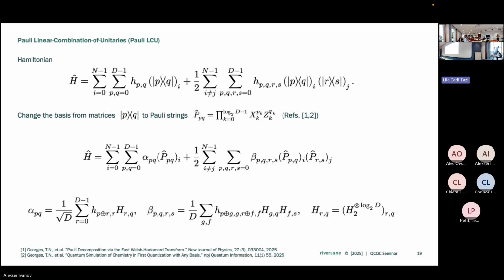So is your matrix, I think I was misunderstood at the beginning. The matrix decomposition for the first quantization is the matrices only have ones at indices P and Q? Okay. And that's a full D by D matrix. Yes, so this is D by D, and index I indicates that this matrix is in a tensor product with identity matrices.